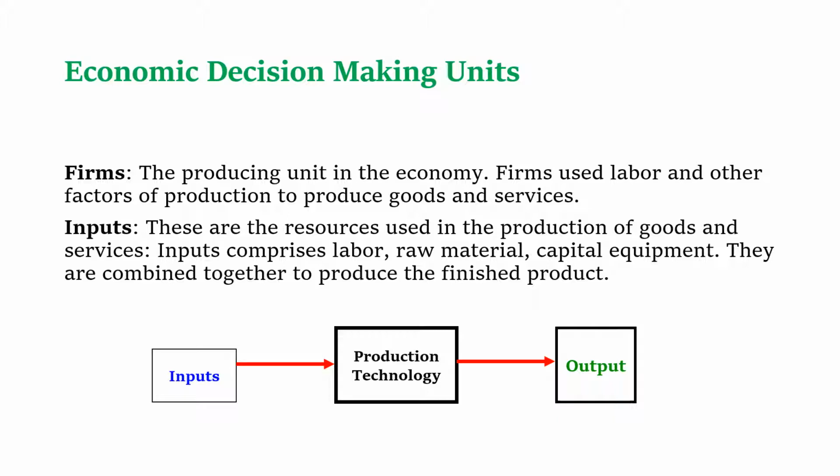Now, the inputs that are used in the production of output are referred to as the resources. So inputs comprise labor, raw material, capital equipment, and the farm combines these raw materials or these inputs with the appropriate technology to produce a given level of outputs.